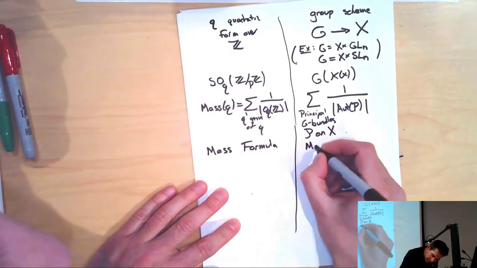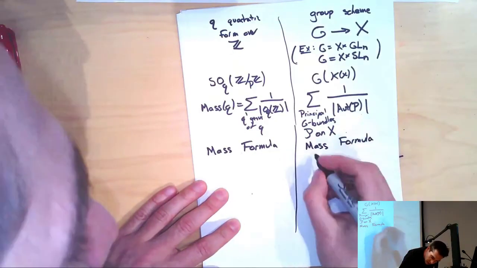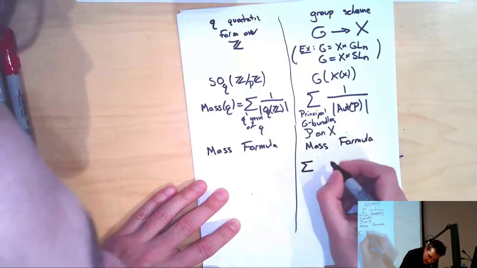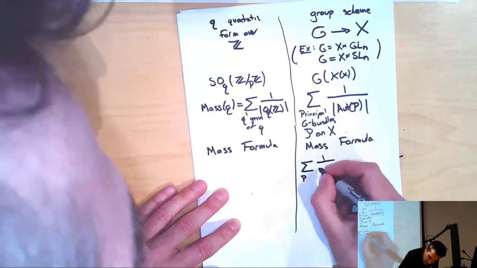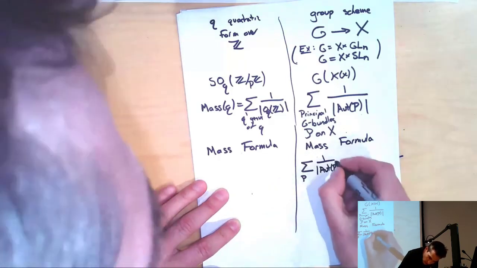So let's say over here we have the mass formula formulation of Weil's conjecture, which I'll just tell you what it works out to be. It's that this sum over isomorphism classes of principal G-bundles, 1 over the size of the automorphism group of P.